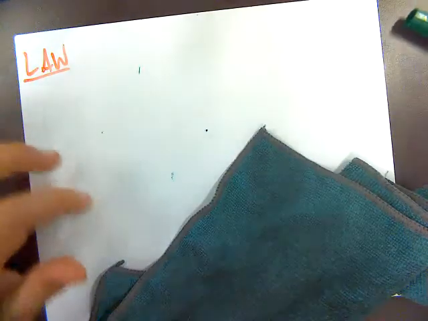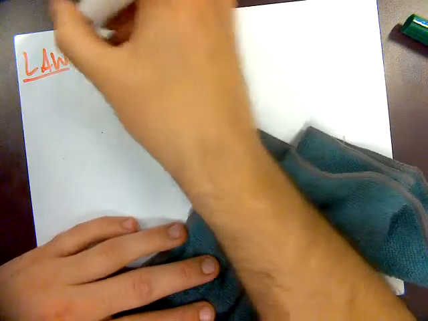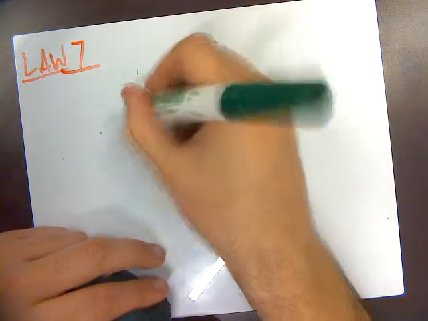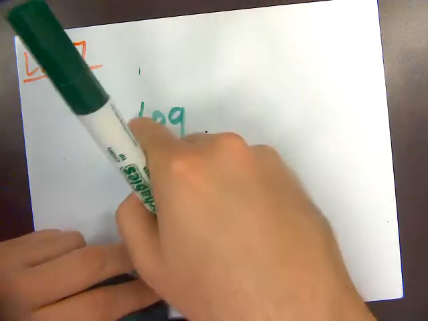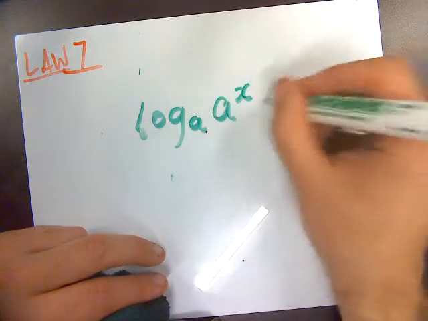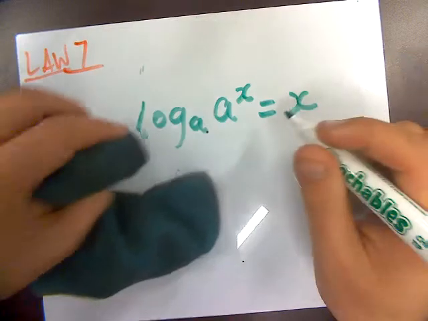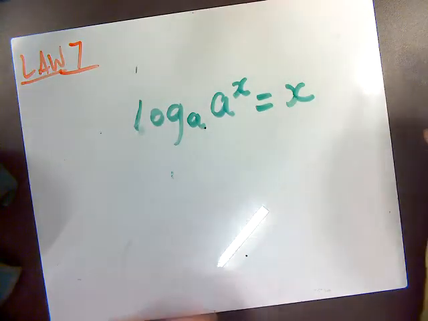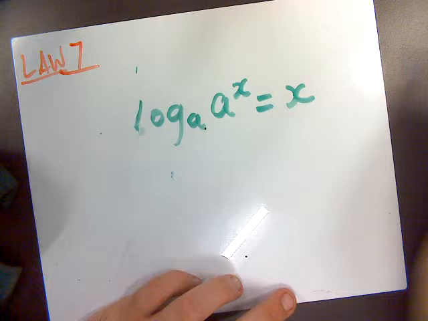And our last law, which is nice and easy, log law 7, says that logarithm with base a of a to the power of x is going to equal x. Again, we'll rewrite this in index form just so we can get a better look at it.